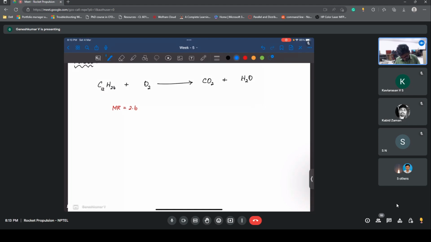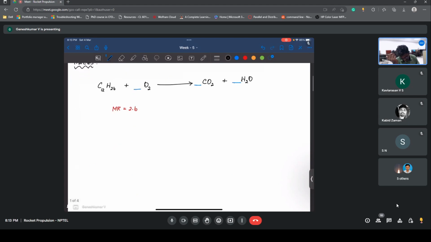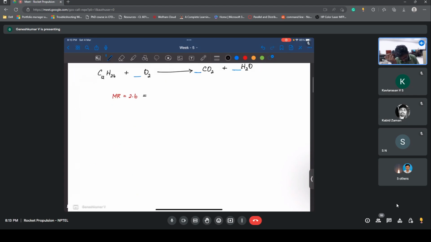This reaction is still not balanced, so first we need to balance it. Once we balance it, we know the moles of product species: how many moles of CO2 and how many moles of H2O are present. What has been given is the mixture ratio, 2.6. What do we know about the mixture ratio?